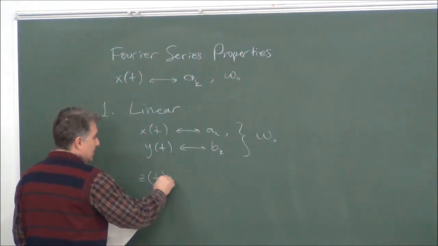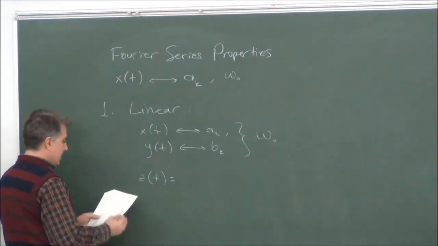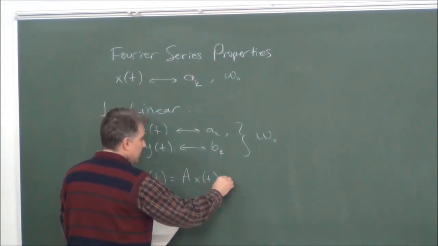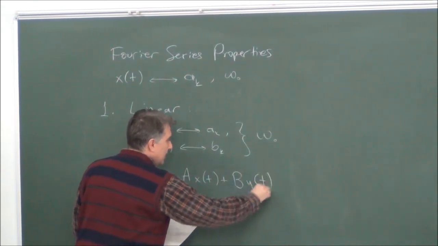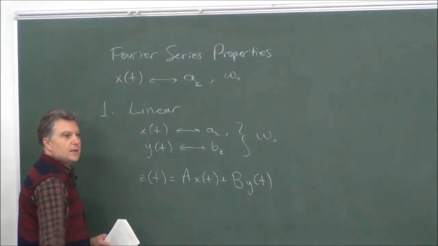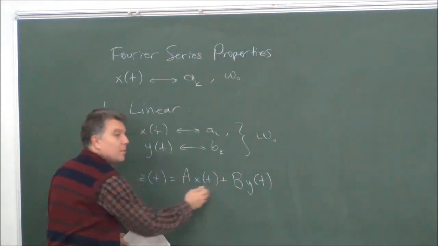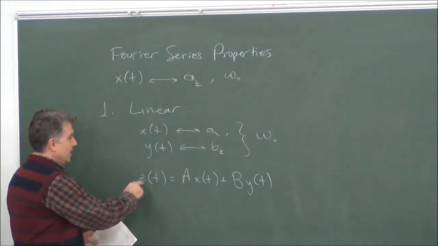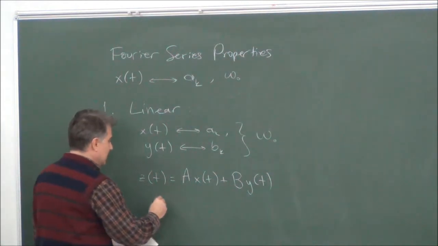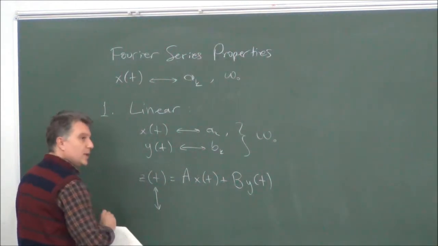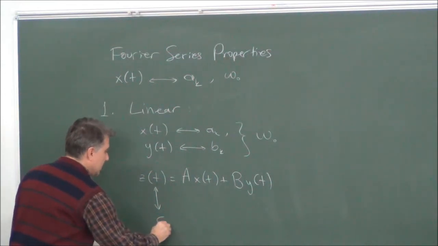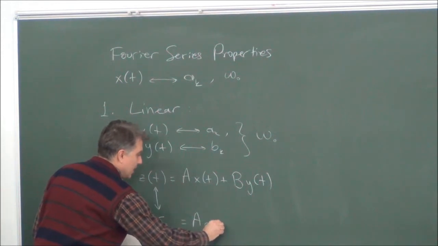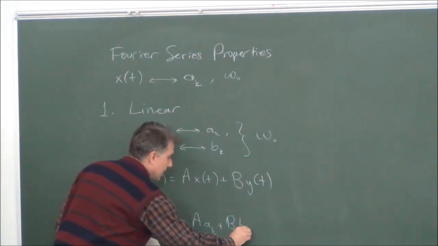What I say is this: if you construct a z of t as a times x of t plus b times y of t, a linear combination of these two periodic sequences, then the summation, by the way, will have a period 6 for the previous example, as you see. Then this thing has Fourier series coefficients, let's call them ck, equal to a times ak plus b times bk.